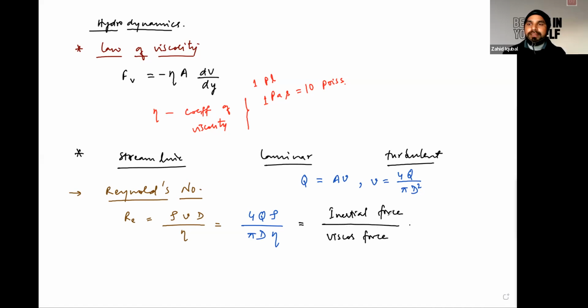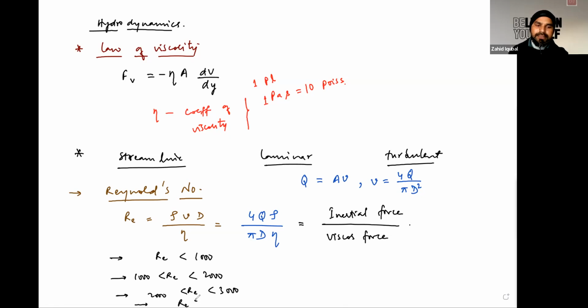Inertial force means mass times acceleration, and viscous force is due to the flow in a layer by layer structure. On the basis of this Reynolds number, we have assigned some specific values: if it is less than 1000, if it is between 1000 and 2000, if it is between 2000 and 3000, and lastly, if it is greater than 3000.